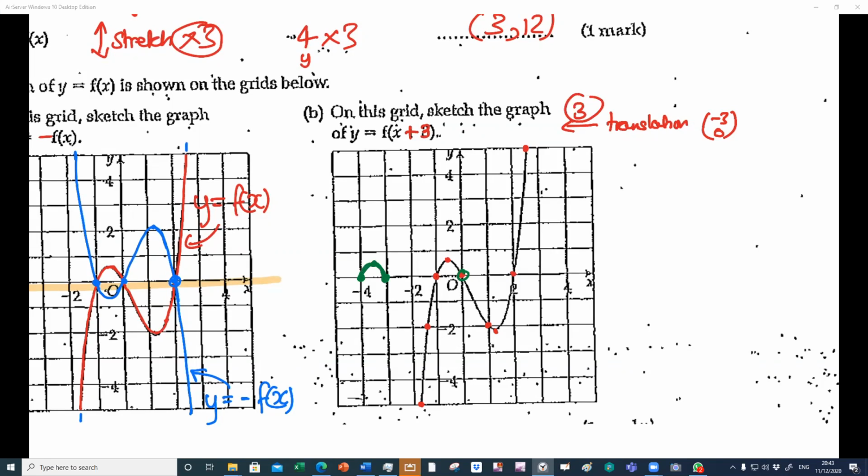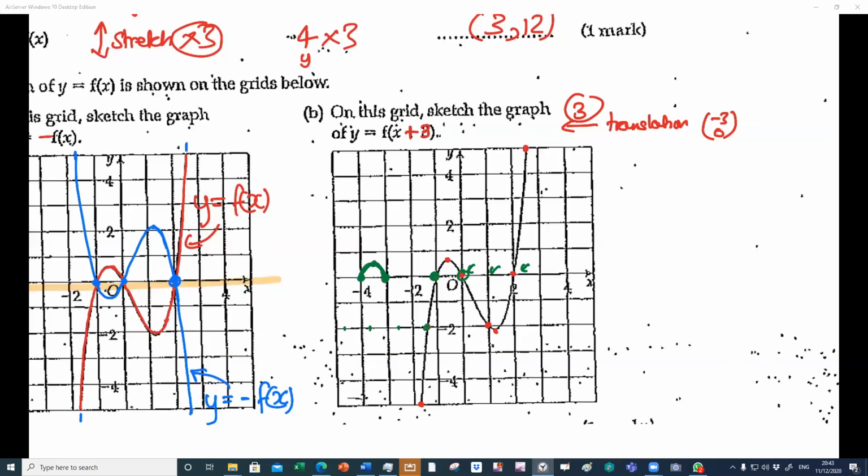Okay. Next, we have this point here. That's going to go back by 3. 1, 2, and 3. So that point will be here. Now, what else? This point here will be going back by 1, 2, 3.